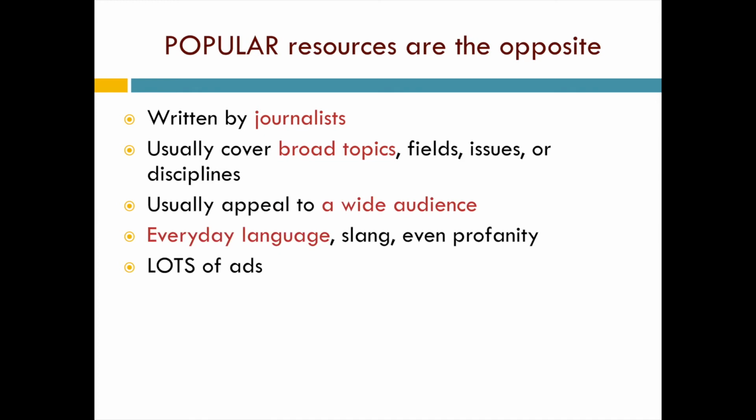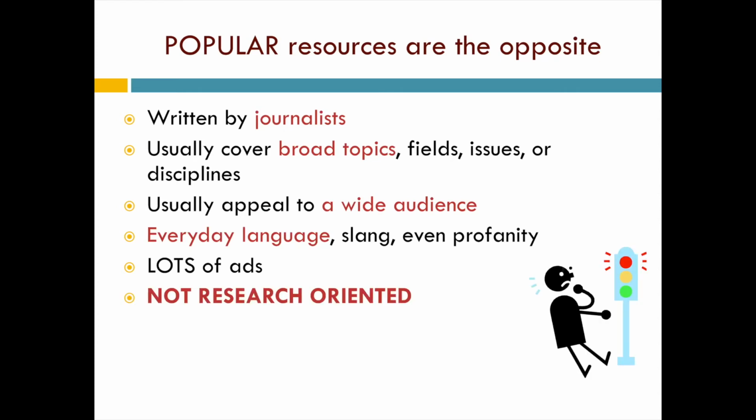You want to get the most objective research you can, so be careful. These sources are not research-oriented. There is an exception if you're talking about current events. There will not have been enough time for scholarly research to have been done on current events, so popular resources are okay to use in that case. Magazines and newspapers are examples of popular resources.